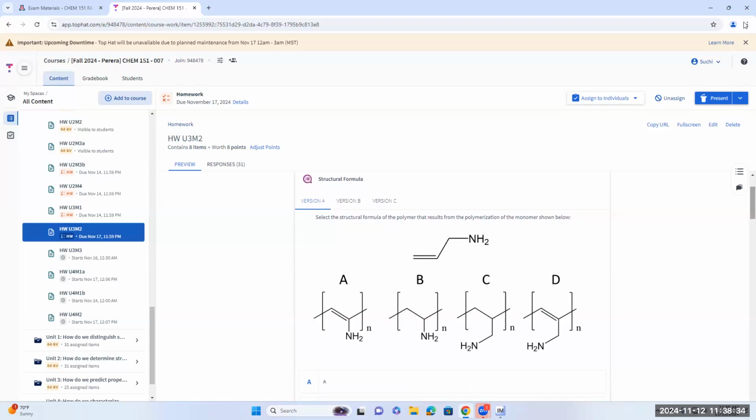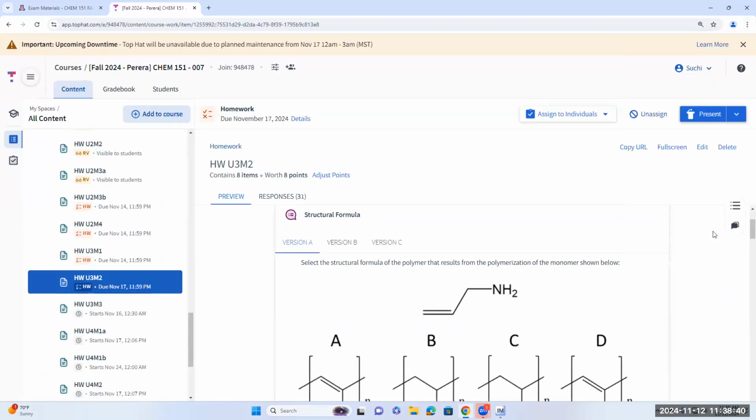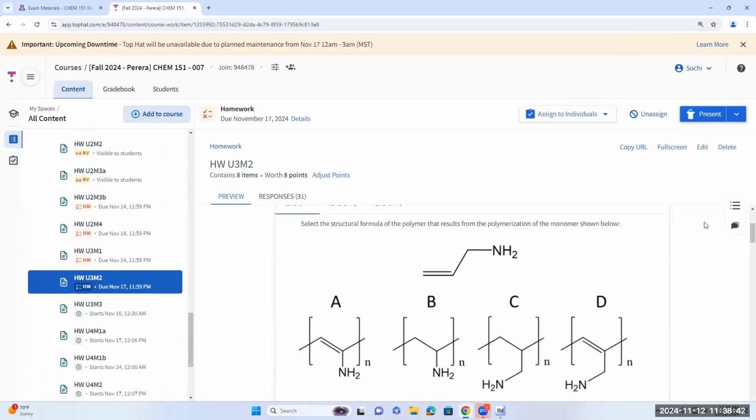Can I increase the size somehow? Have a different question? Okay.